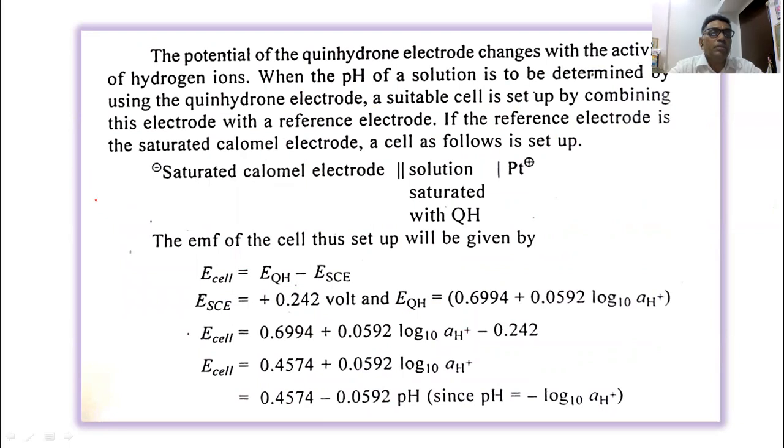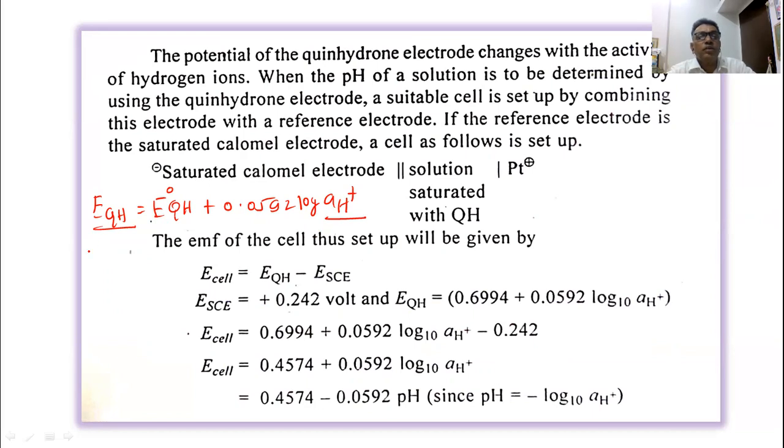Previously, we derived that the electrode potential of the quinhydron electrode is equal to the standard potential of the quinhydron electrode, 0.6994, plus 0.0592 log to the base 10 of the activity of the hydrogen ions. So the electrode potential of the quinhydron electrode depends upon the concentration, or activity, of the hydrogen ions. As the activity of the hydrogen ions changes, the electrode potential of the quinhydron electrode also changes.